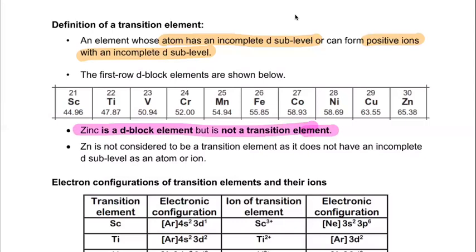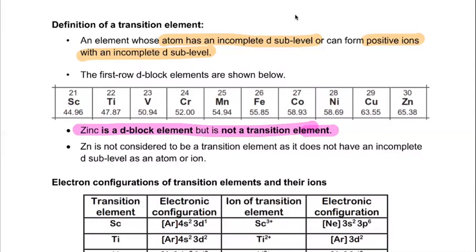We're going to look at the electron configuration in just a minute, but basically, when zinc is a neutral atom and an ion, its D sublevel is completely full. It's not incomplete, so it doesn't follow that first bullet. So technically, we cannot call it a transition element according to our definition.